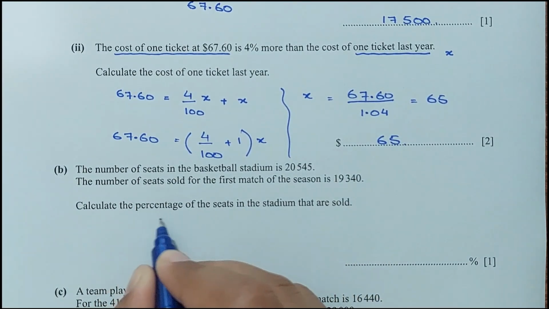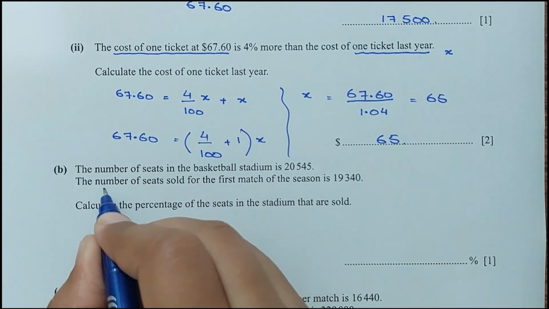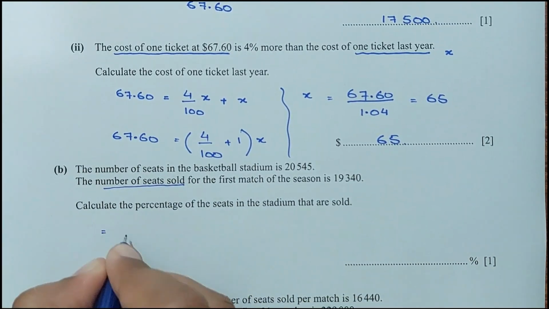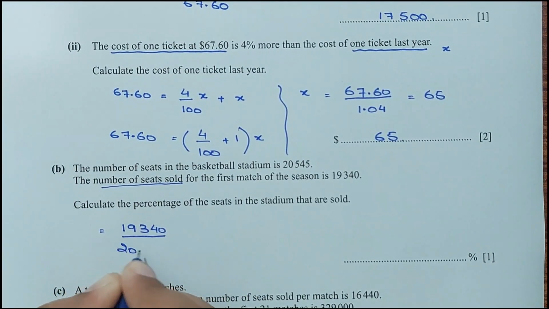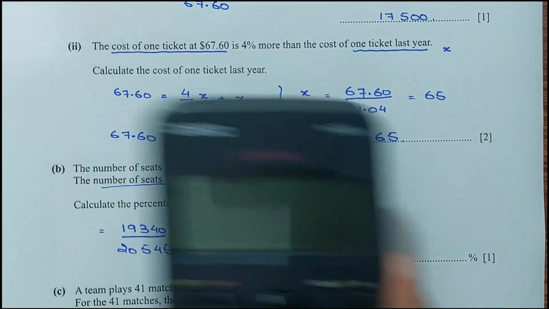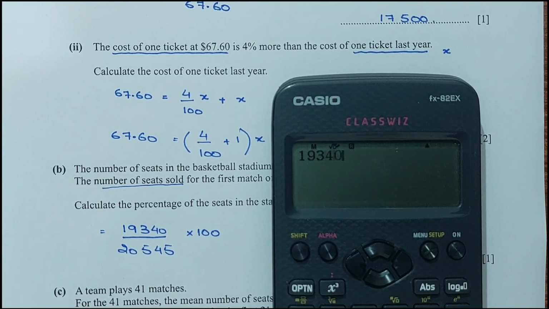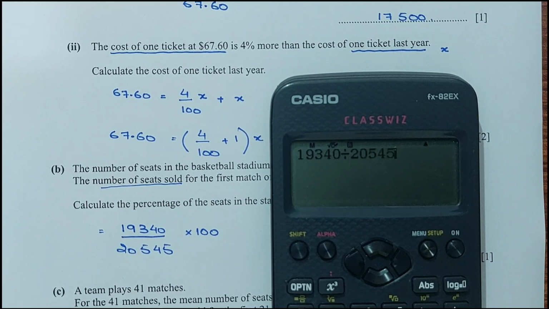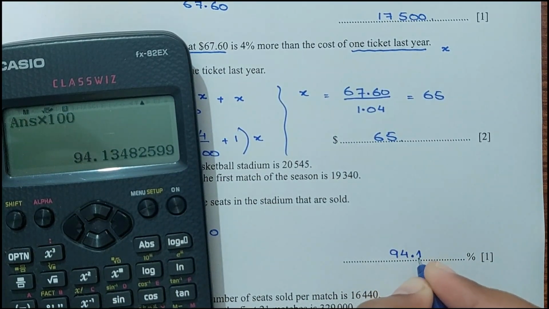So the number of seats sold, 19,340, divided by the total seats, 20,545, and for the percentage, times it by 100. 19,340 divided by 20,545 times 100 is 94.13%, 94.1% we can say.